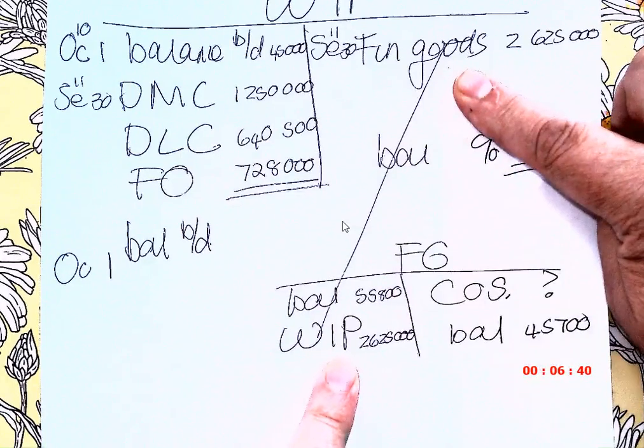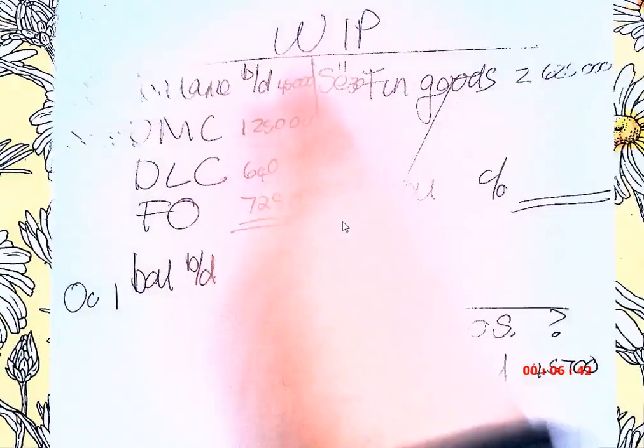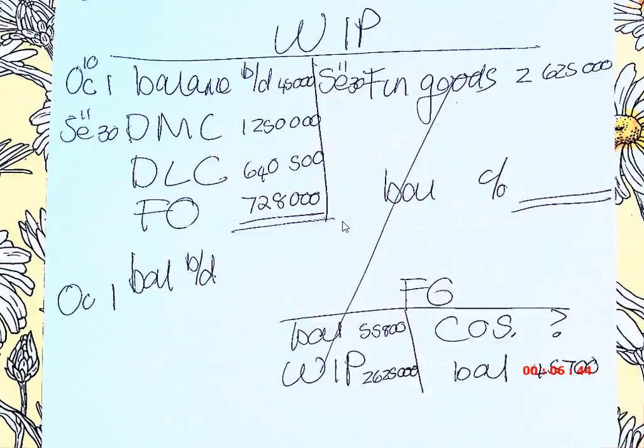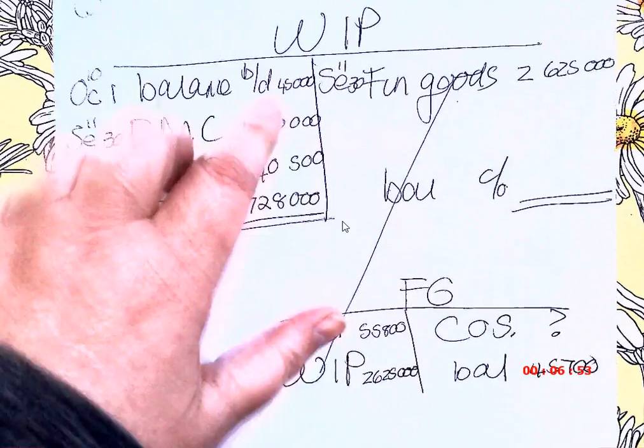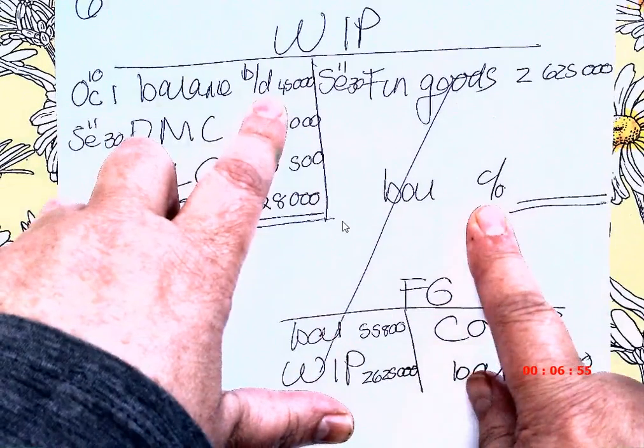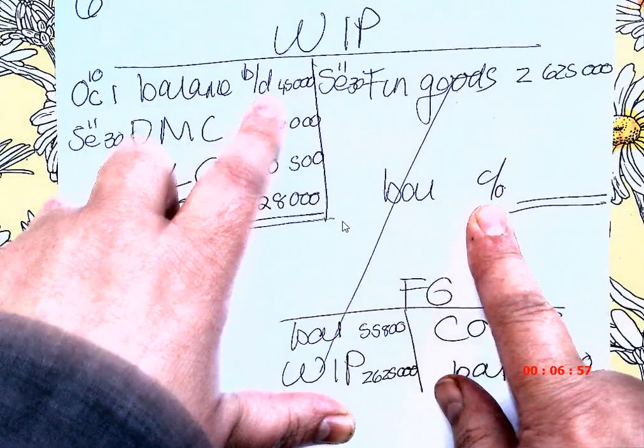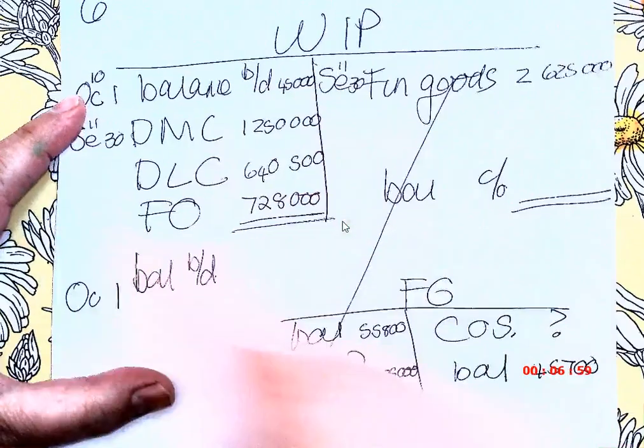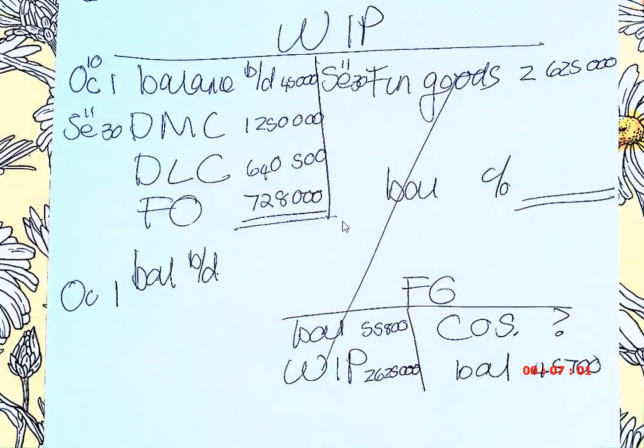The cost of production. What is my work in progress? My work in progress is the factory, actually. This is where we are making, manufacturing. So that balance and that balance is unfinished goods, right? Now I add the 3 things I need to make goods.